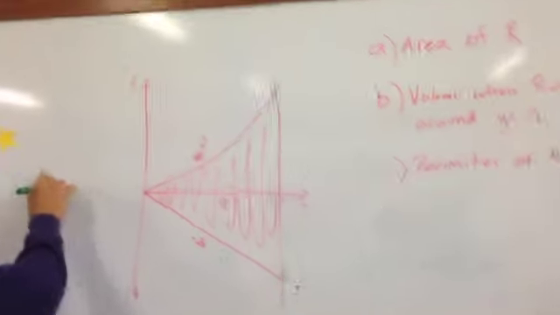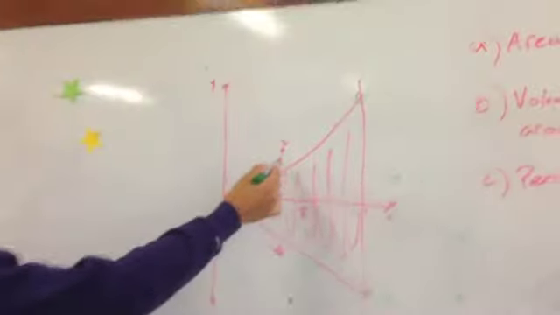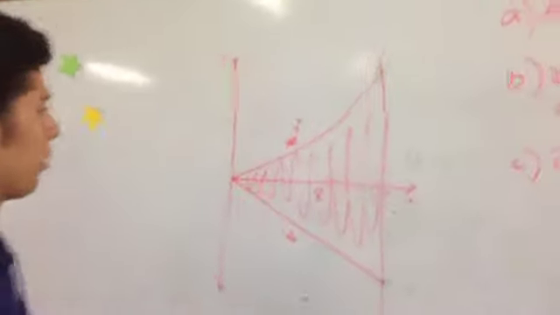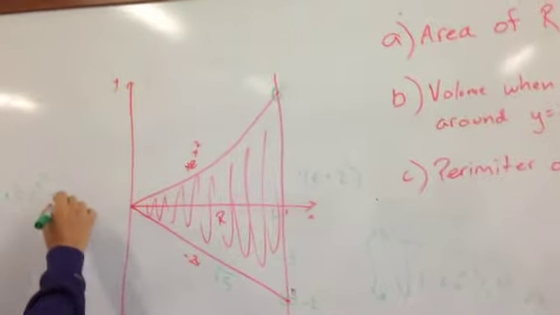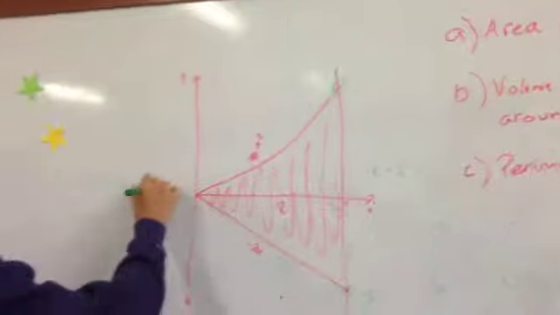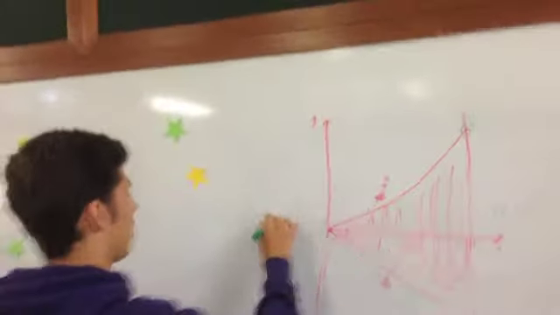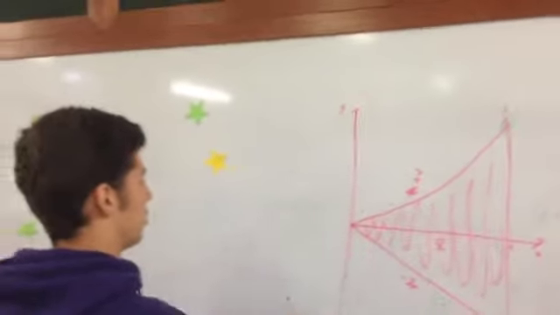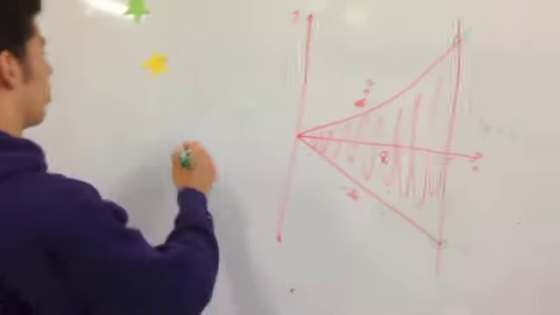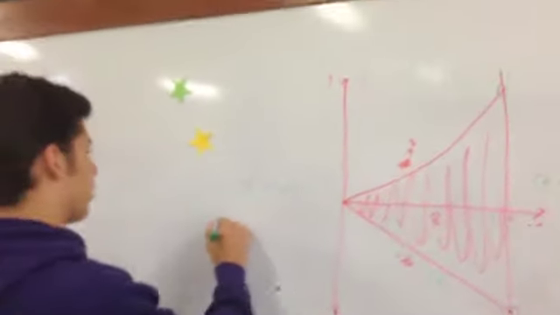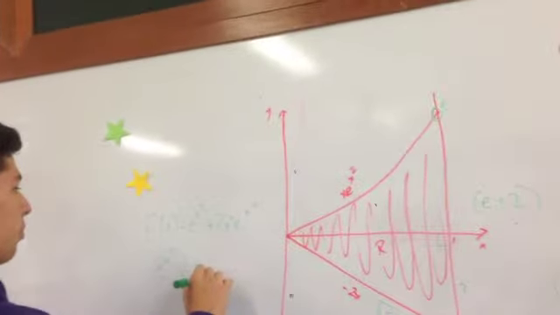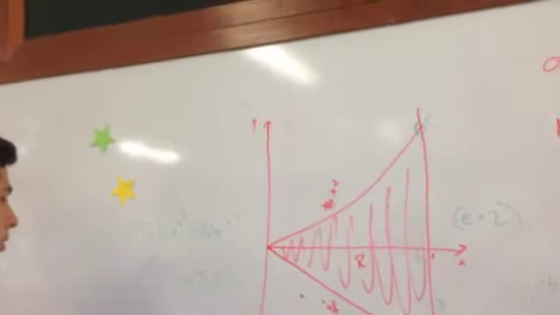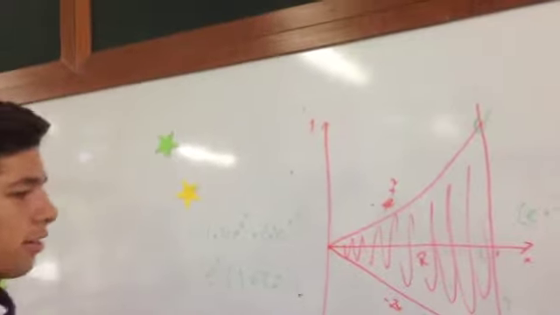So f prime of x. Since this is a product, we have to apply the product rule. It would equal e to the x squared plus e to the x squared times 2x times x, so x squared. And we can factor out e to the x squared, so it would be e to the x squared times 1 plus 2x squared, and that would equal f prime of x.